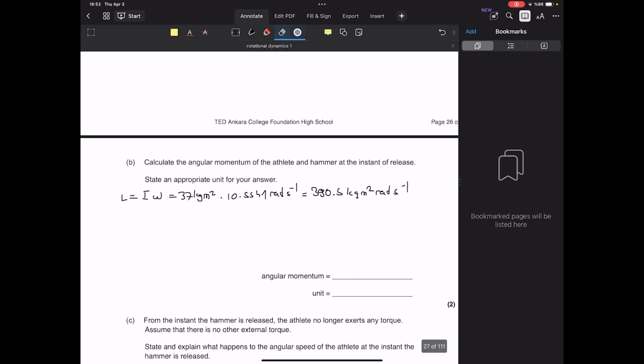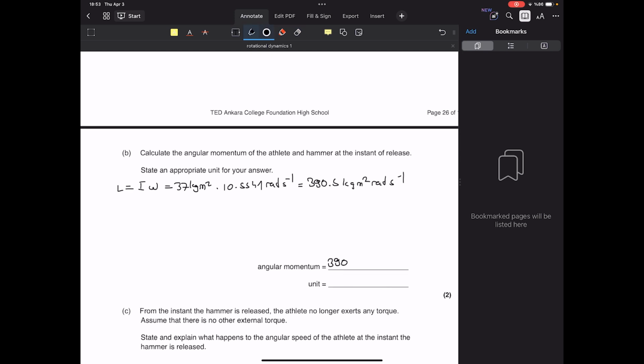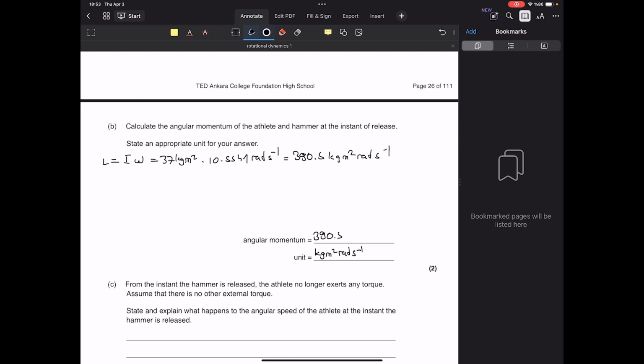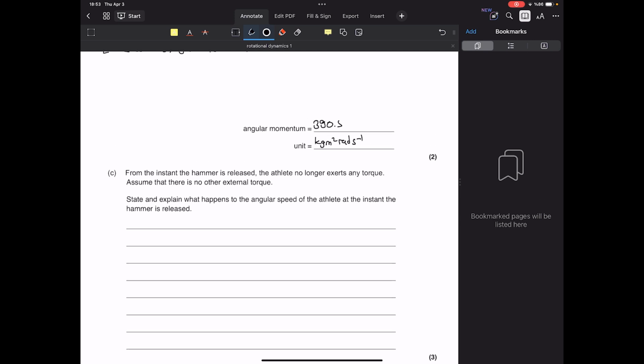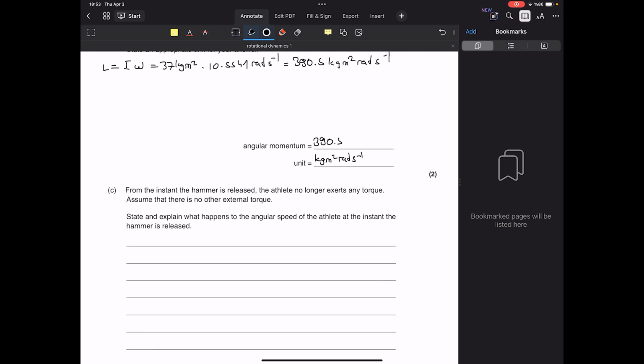I'm just going to write this. So it's 390.5 with units kilogram meters squared radians per second. Okay, so from the instant the hammer is released, the athlete no longer exerts any torque, and there is no external torque. And what happens to the angular speed of the athlete at the instant the hammer is released?